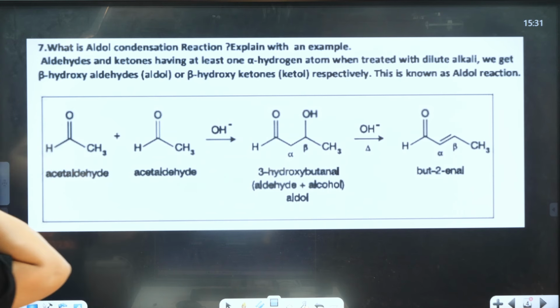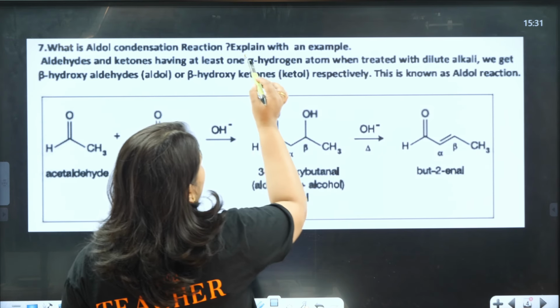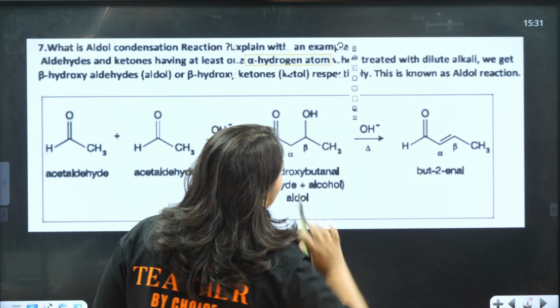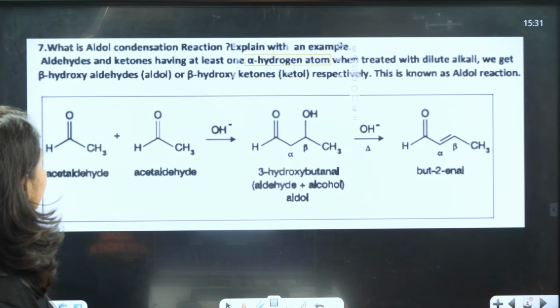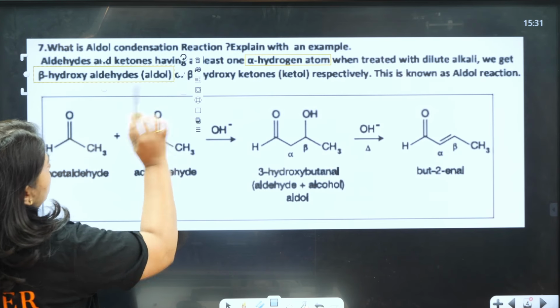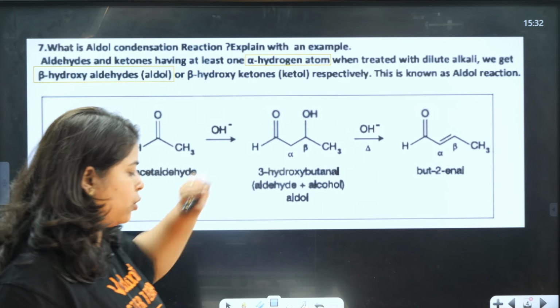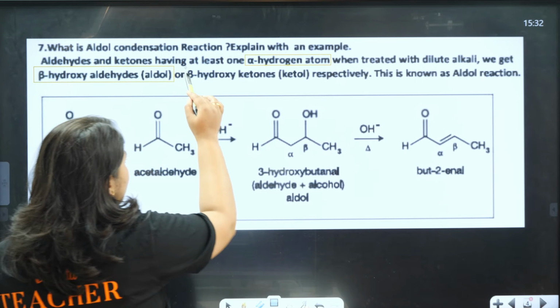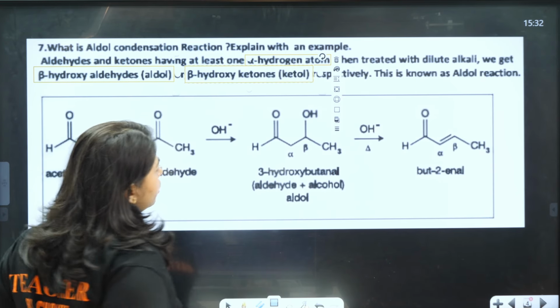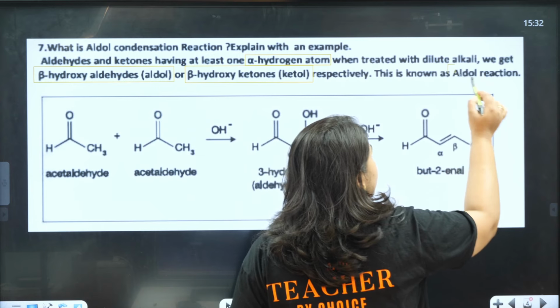Okay, first, aldehydes and ketones having at least one alpha hydrogen atom, when treated with dilute alkali, we are going to get what? Beta hydroxy aldehyde, that is also called an aldol. Or beta hydroxy ketone, which is called a ketol. Respectively, this is actually called what? Aldol reaction.